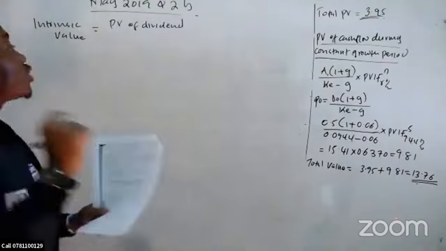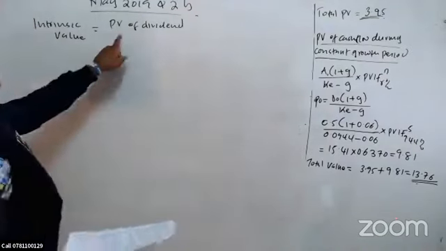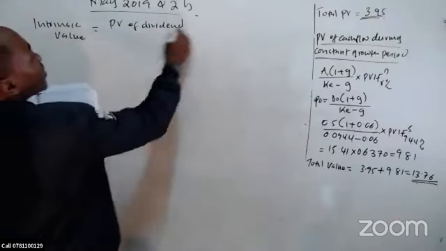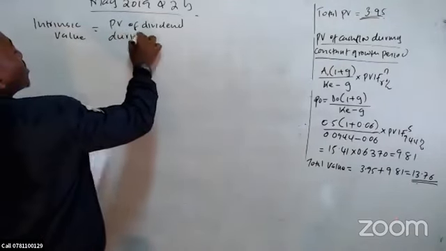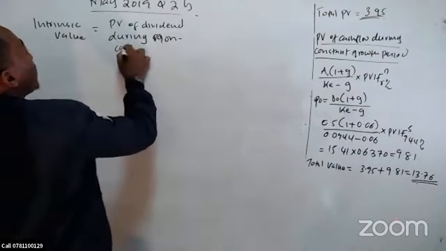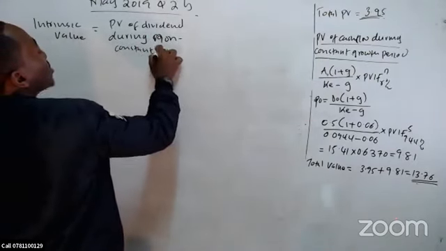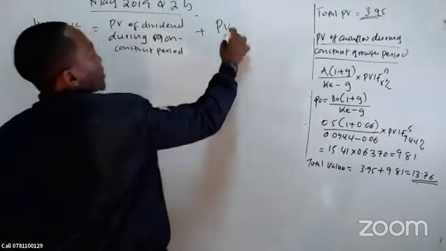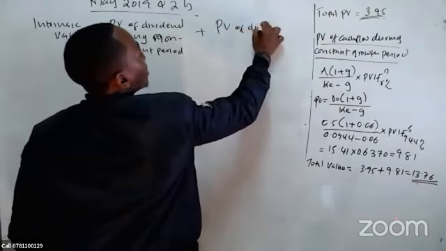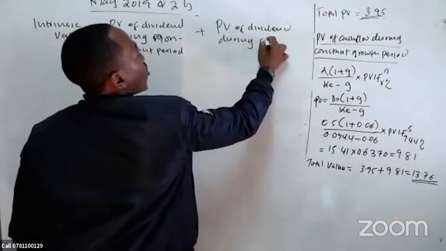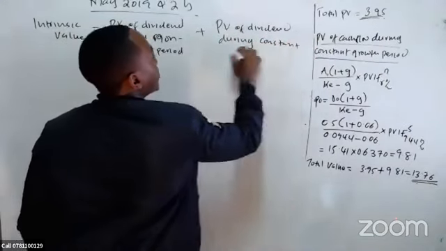If it was for the whole company, you could have used the present value of cash flows. Then you take the present value of dividend during the non-constant period, then you add the present value of dividend during the constant period.